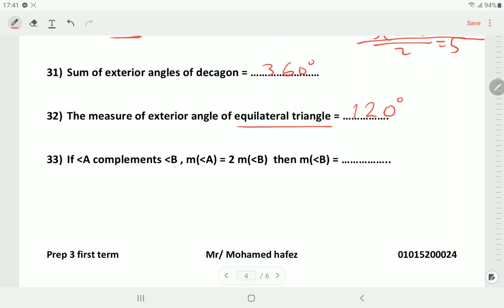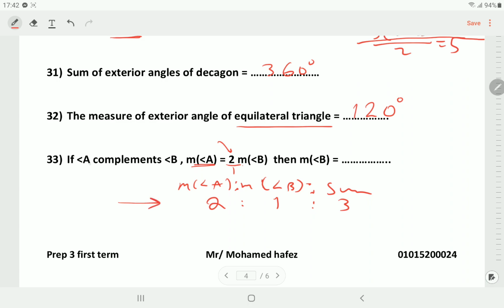If A complements B and the measure of A equals twice the measure of B, then what is the measure of B? We can write the ratio of the measure of angle A to the measure of angle B to the summation of them. We have A as 2, B as 1, because you have 2 over 1, and the summation of them is 3, which is 3 ratios.